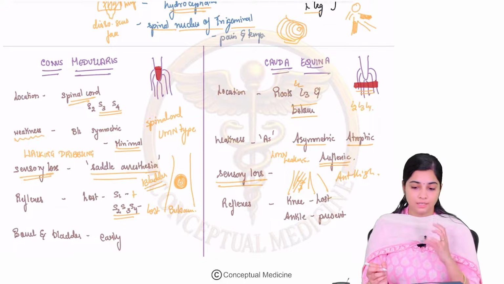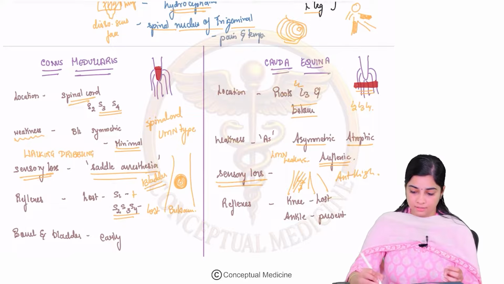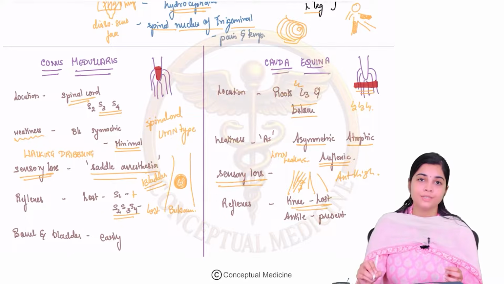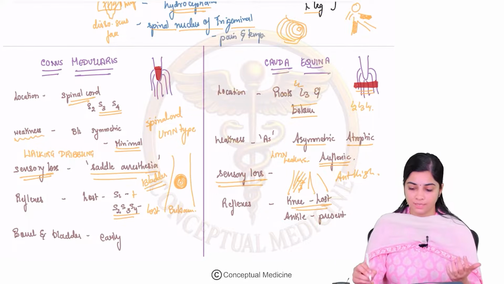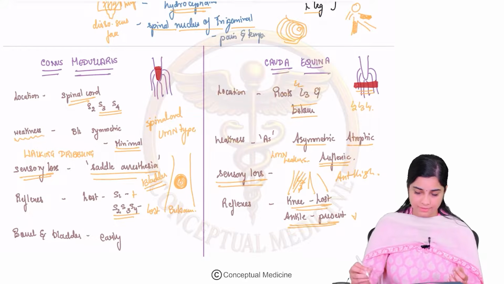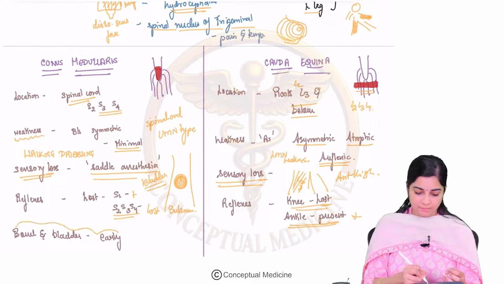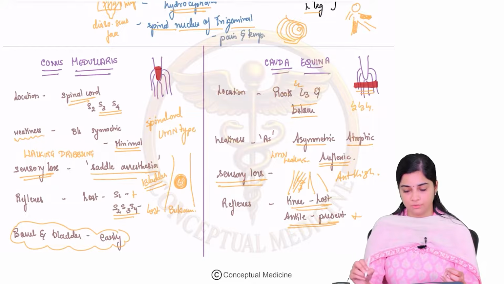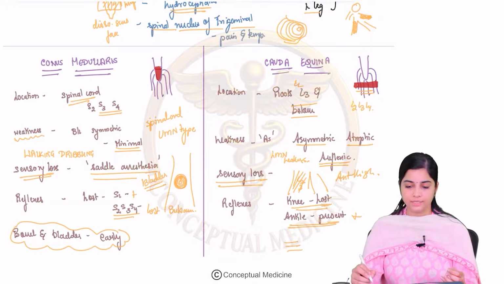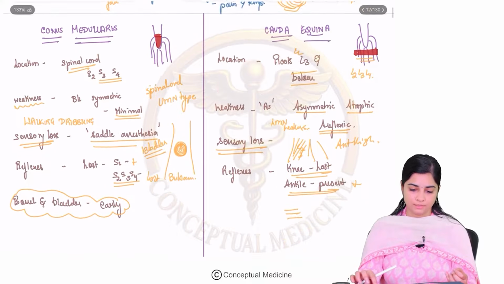Okay, in a cauda equina, the knee jerk will be lost because L2, L3, L4 are your knee jerk roots. That is lost, but your ankle reflex is present. Okay, fine. And so, hence, early bowel and bladder involvement is found in your conus medullaris, which is not there in your cauda equina syndrome.